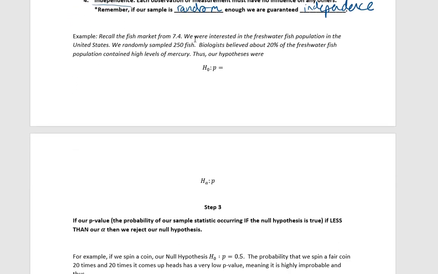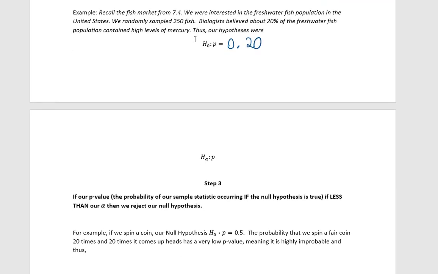So let's take a look at the next example. Recall the fish market from 7.4, where we were interested in the freshwater fish population of the United States, and we randomly sampled 250. Biologists believe that about 20% of the freshwater fish population contained high levels of mercury. So our null hypothesis is that the percentage of fish has remained unchanged.